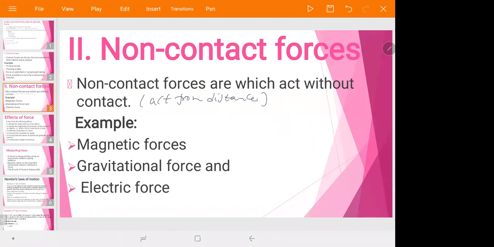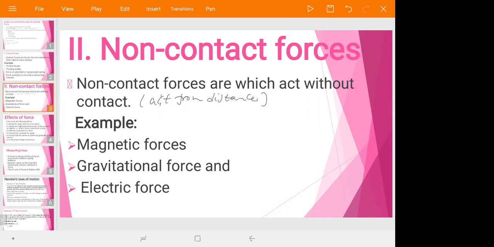For example, magnetic force can act from a distance, and gravitational force. If you put something at a certain height, gravity attracts that body because of the gravitational force. Gravitational force is a type of non-contact force, and so is electric force.